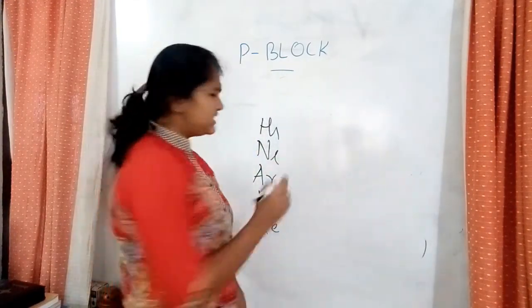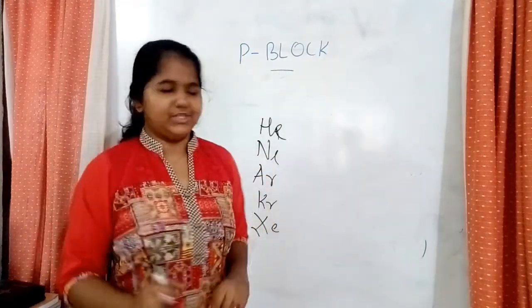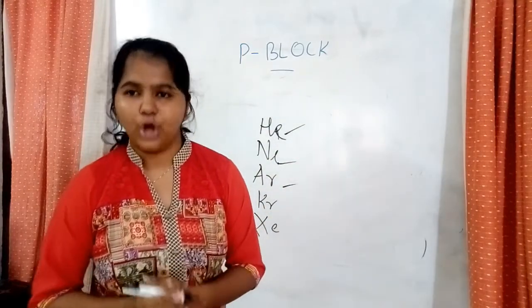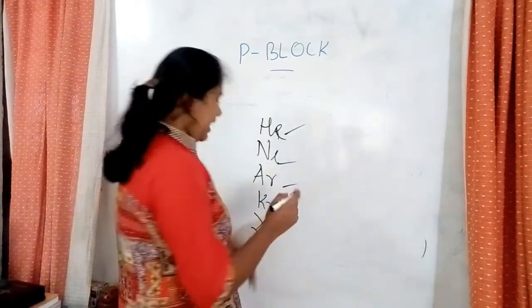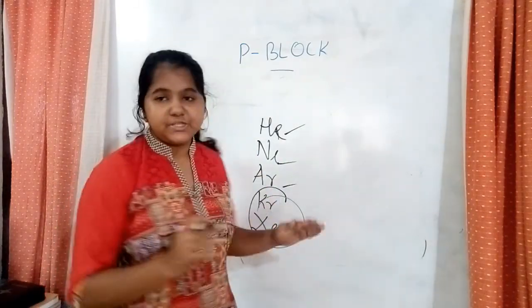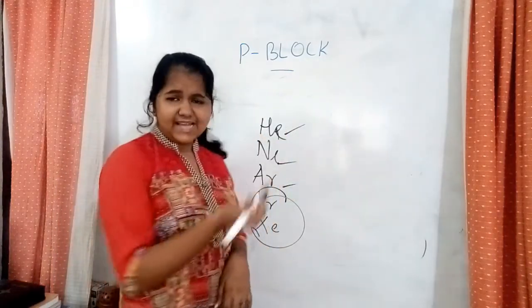And then, next one is to talk about, let me tell you two questions. Why do helium, neon and argon not form true compounds of themselves? And the other question is, why do krypton and xenon form compounds?